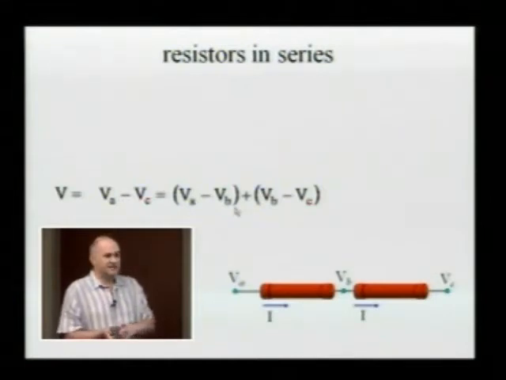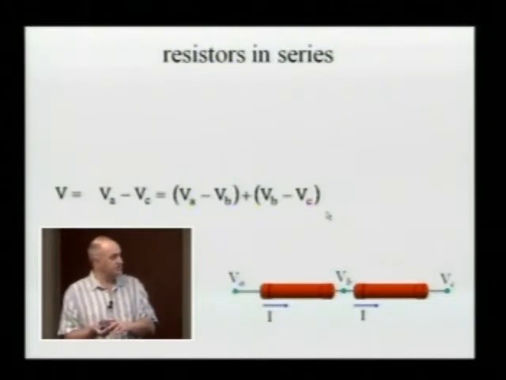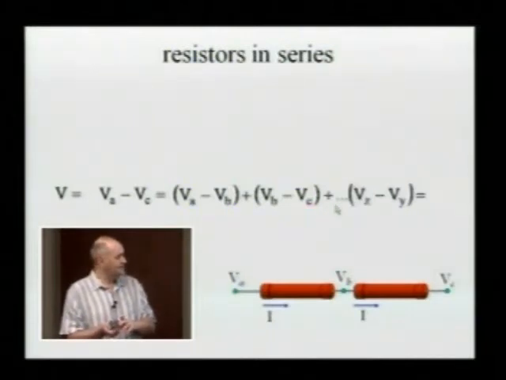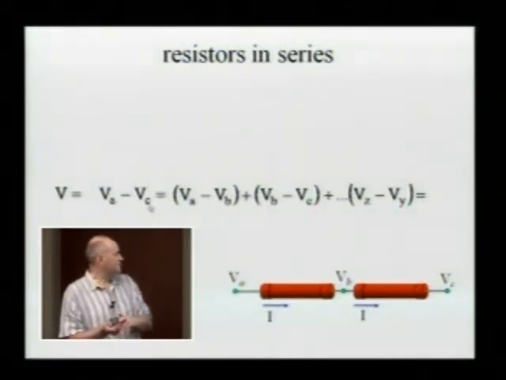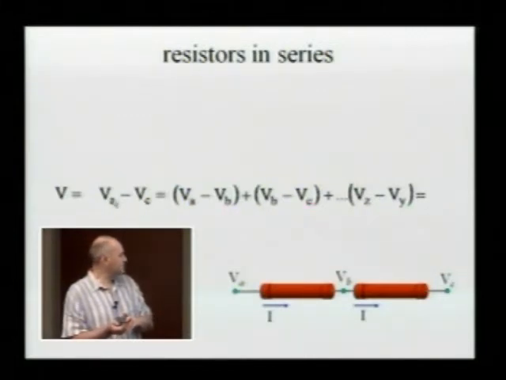Now I violated actually the equation, and if I had more resistors, I would write more of those terms. So this would be a potential difference at point A minus potential difference between point A and the last point, which I have over here would be Y. So it would be V sub Y.